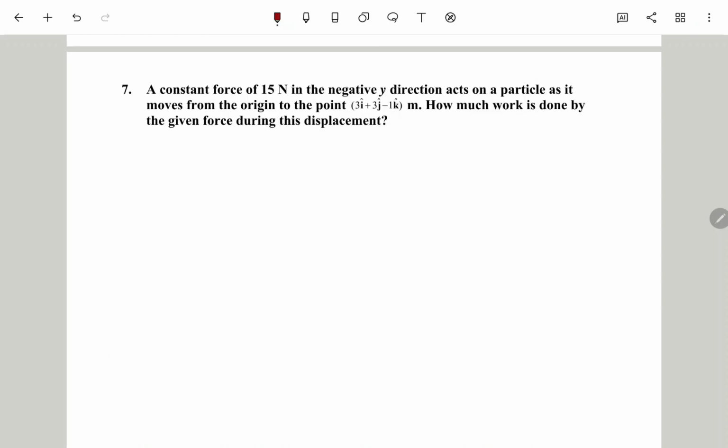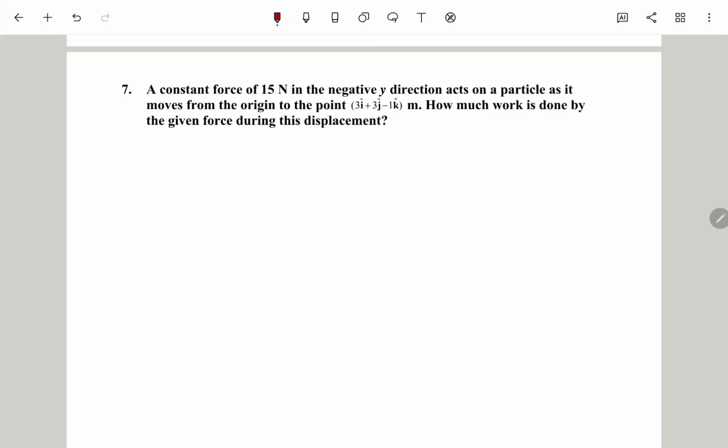A constant force of 15 newtons in the negative y direction acts on a particle as it moves from the origin to the point 3i, 3j minus 1k. How much work is done by the given force during this displacement?